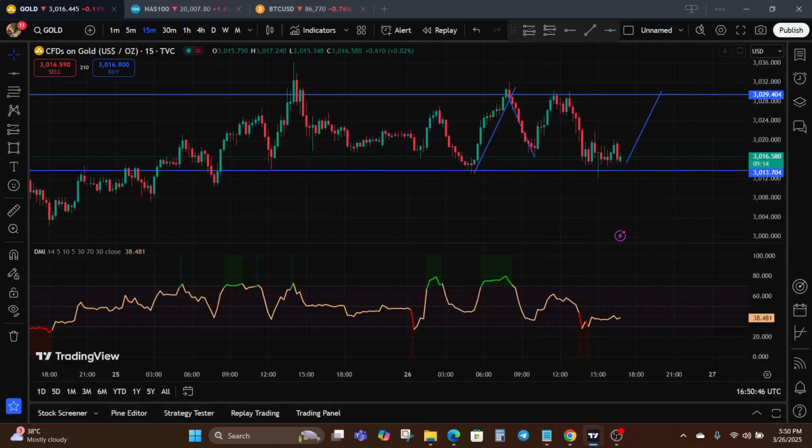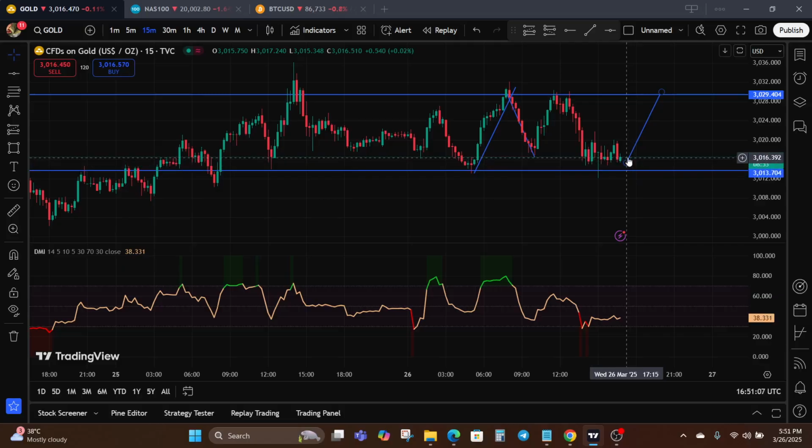However, instead of immediately entering a buy trade, you wait for confirmation from a bullish candlestick pattern or an additional indicator. Maybe if you are using a moving average or RSI or any other indicator of your choice, you can watch out for a buy signal from the indicator as well.